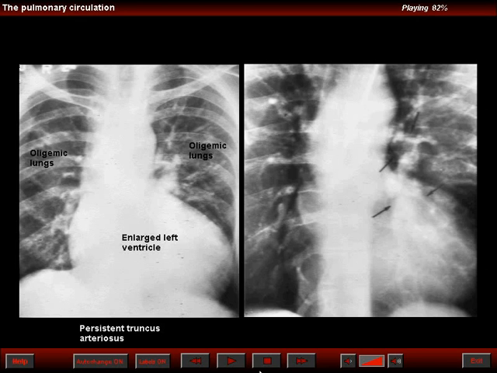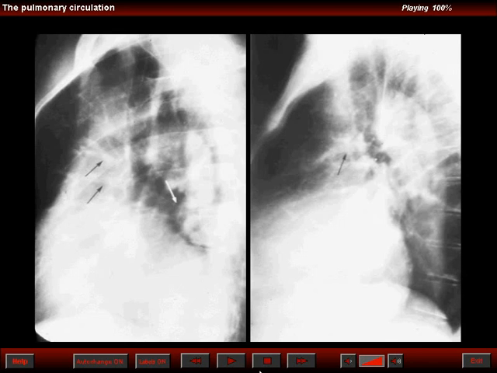To your right, a poor angiogram which shows opacification of the vessels in the lung following an injection in the aorta. There was no ductus arteriosus present.